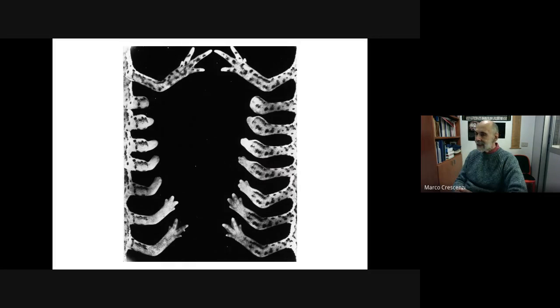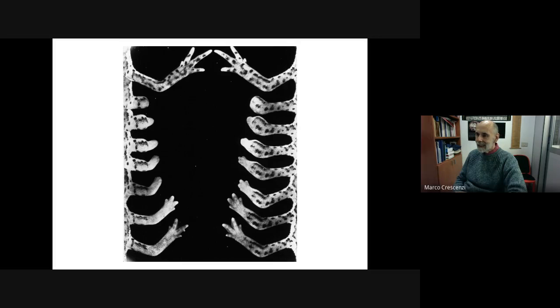But there are things that distinguish newts from mammals and from humans in particular. And so people have investigated, we are still investigating, how they perform these amazing feats of differentiation, of regeneration.